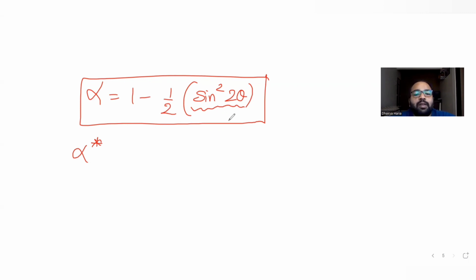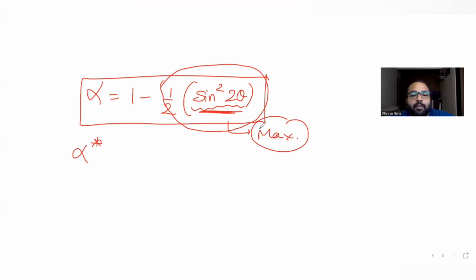So 1 minus some function whenever it is there, and if I want the minimum value of alpha, this part of the function should become maximum. And when this part should become maximum, this entire function should become maximum. And we know sine 2 theta can be maximum 1 because the values of sine go from 0 to 1, right?